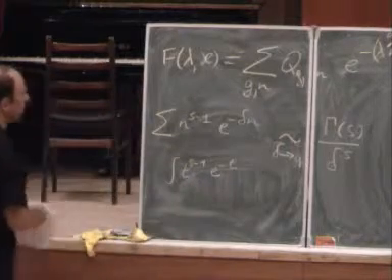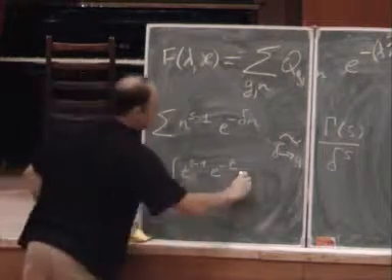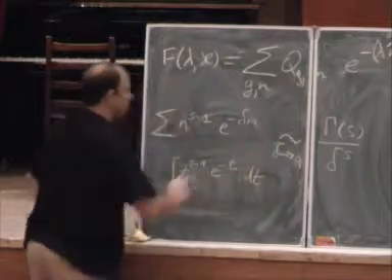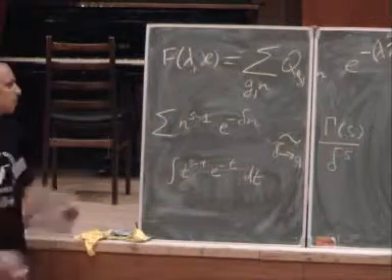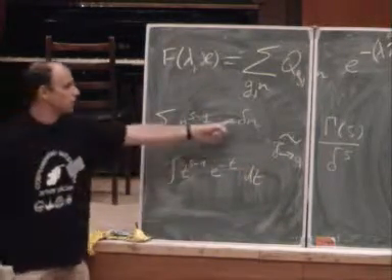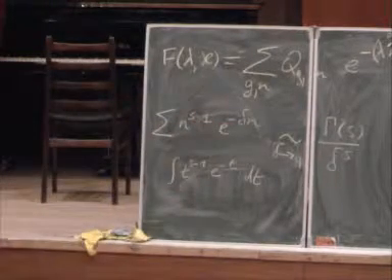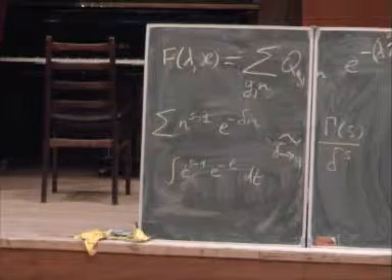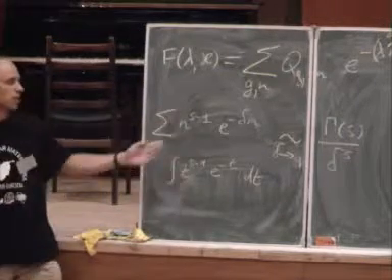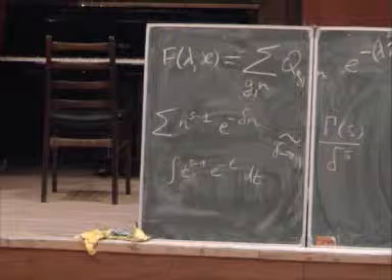If you make the change of variables, if delta is very small, then the step of this sum becomes smaller and smaller. So you can see that this sum approximates this integral, and you obtain this equivalence.